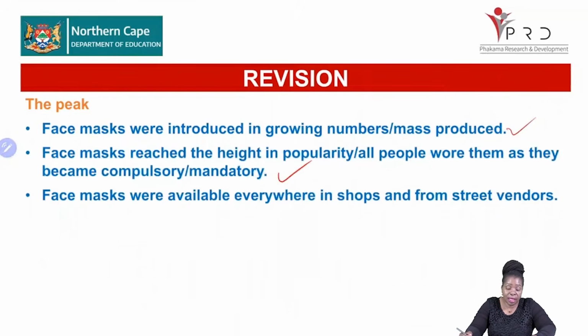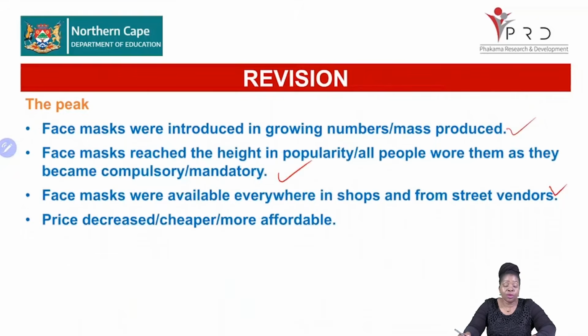Face masks were available everywhere, in shops as well as from street vendors. So that was the peak stage. And also the price decreased, they became cheaper and more affordable.